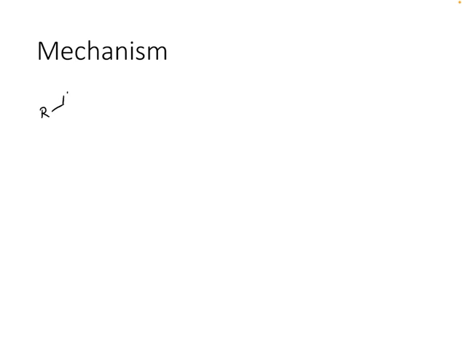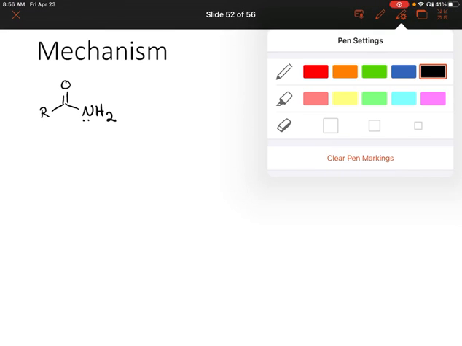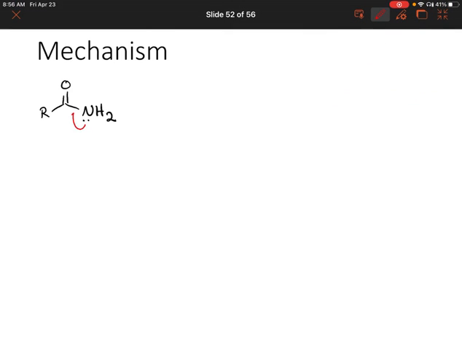So again, we're going to start with our amide. And this amide does have a resonance structure. So we could move the lone pair on nitrogen over to create a double bond, and that will move electrons up to oxygen.